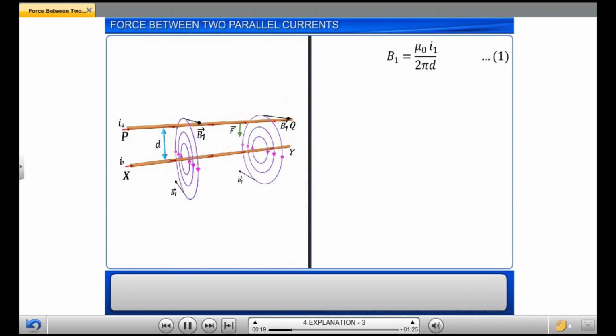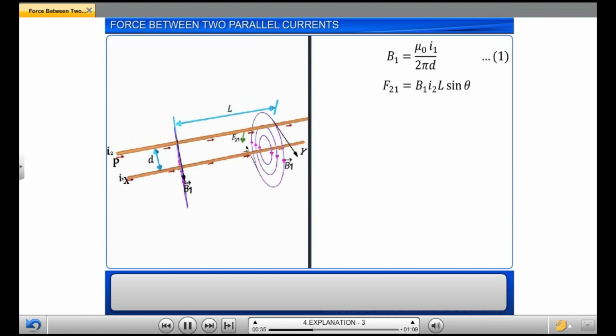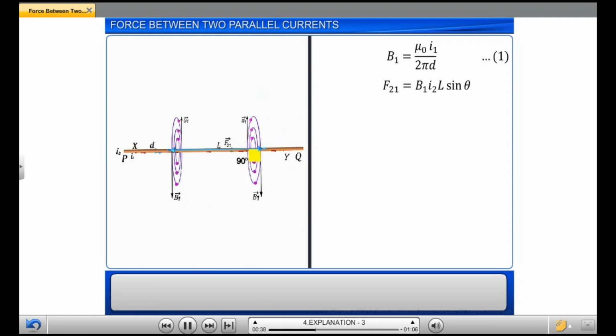The magnitude of the force experienced by a segment of length L of the conductor PQ due to the magnetic field produced by the conductor XY is F21 equals B1 I2 L sin theta, where theta is the angle between the direction of the magnetic field B1 and the current in the conductor PQ. Let this be equation 2.